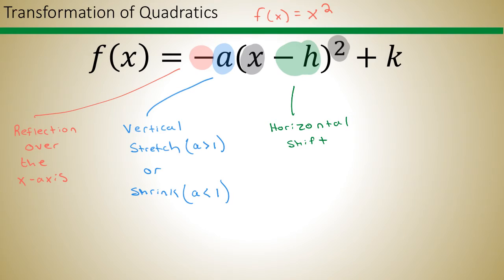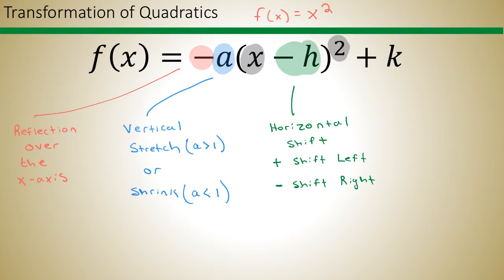So that's going to either be shifting us left or right. If we see something positive, it's actually going to shift left. It's actually the opposite of what we would think. If we see a negative, it's actually going to shift to the right.